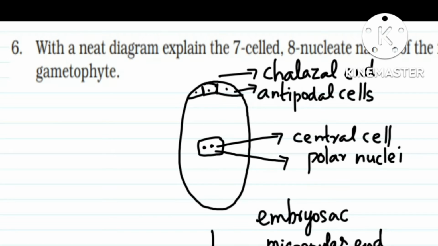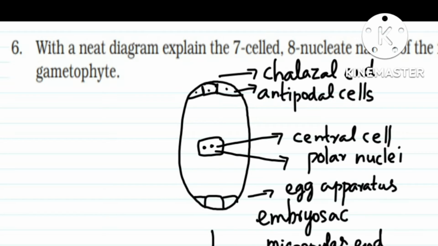And then at the micropylar end also there are 3 cells. These 3 cells are together called the egg apparatus, in which the center cell is the egg cell.